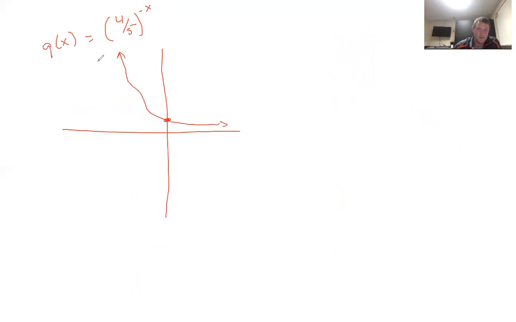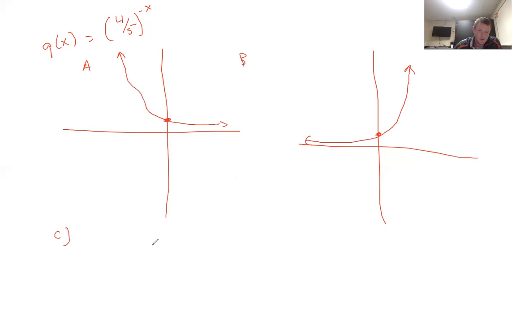That's A. B goes through 0, 1. It goes up. C goes through the point 0, 2 and goes up. And D goes through the point 0, 2 and also goes up.